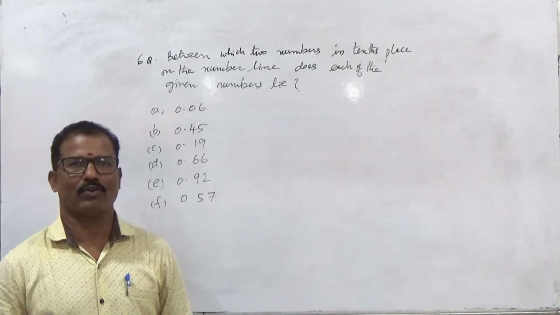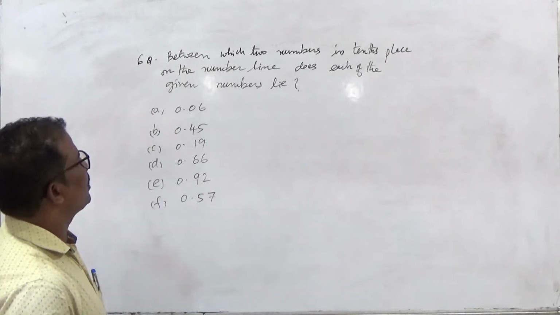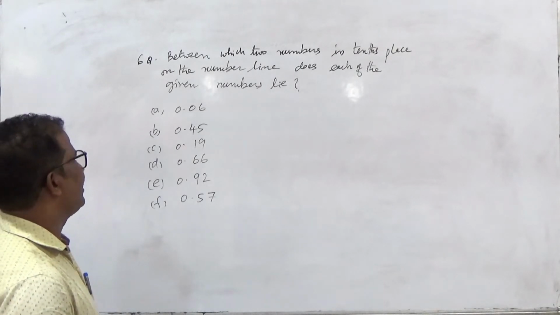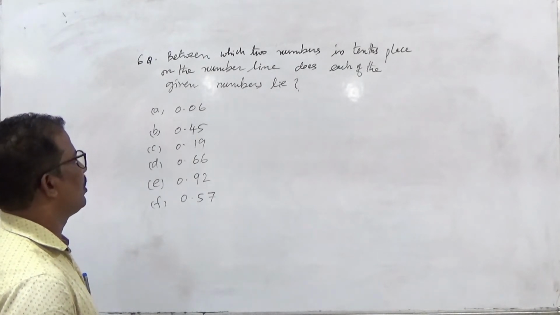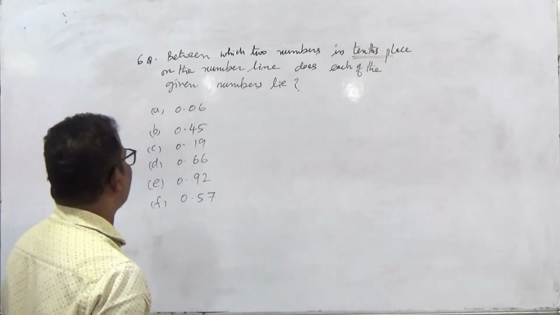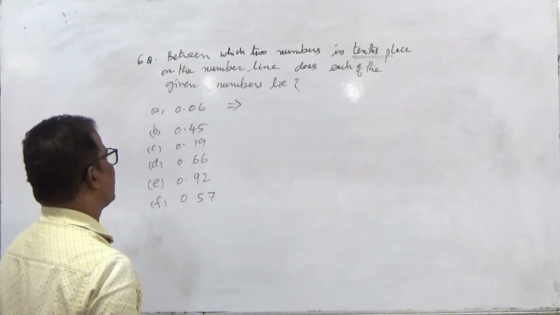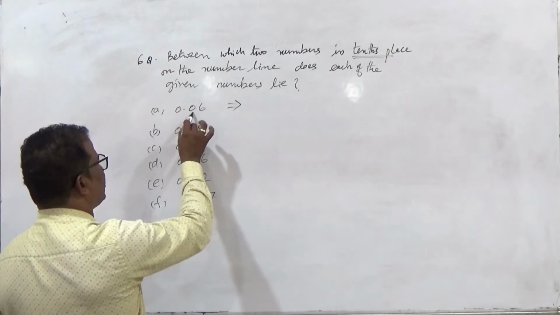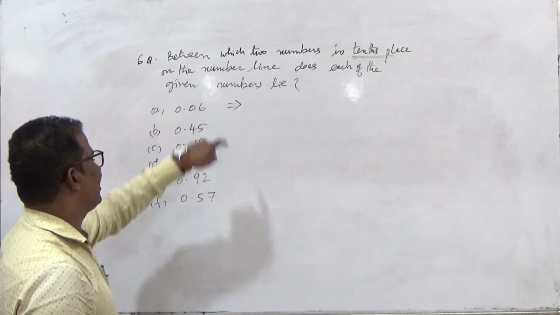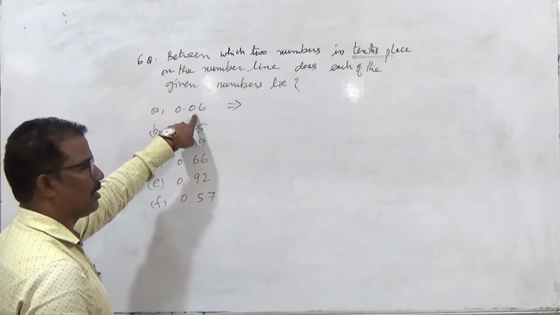Good. Students, now we are going to see the sixth question of this exercise: between which two numbers in tenths place on the number line does each of the given numbers lie? So we only have to see the tenths place of the decimal numbers. See here, 0.06. In the tenths place 0 is there. That means this number is greater than 0.0 but less than 0.1.